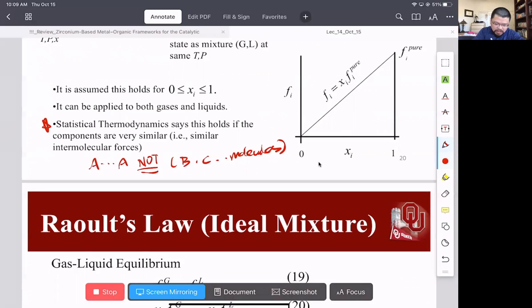I'm not going to discuss too much, but I just want to mention that this understanding holds if the components are very similar to each other. For example, if we have nitrogen with CO2, very likely we can understand this will be the case.